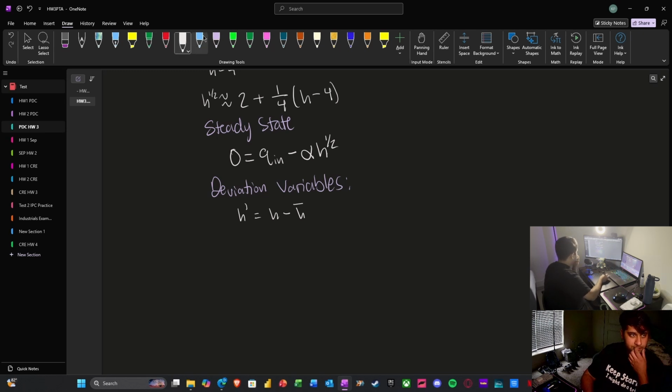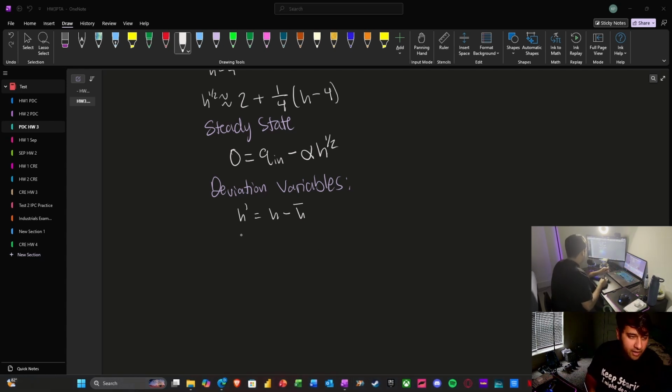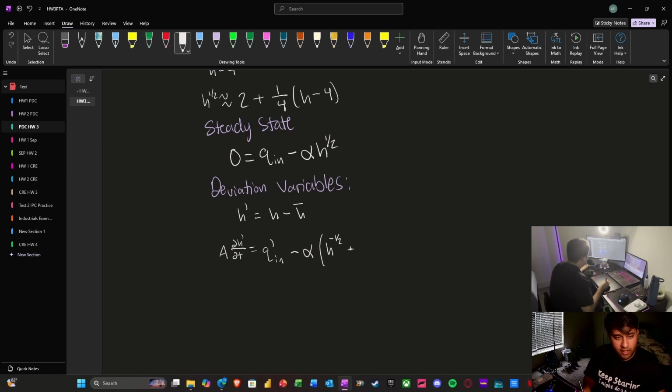So we're going to apply our deviation variables: area times dH prime over dt equals Q in prime, and we do the same thing where we have alpha times the -1/2 plus dH to the 1/2 over dH at H equals H bar, and multiply this by H prime minus H to the 1/2.